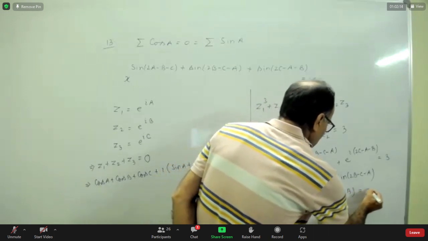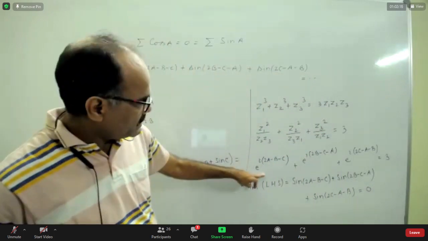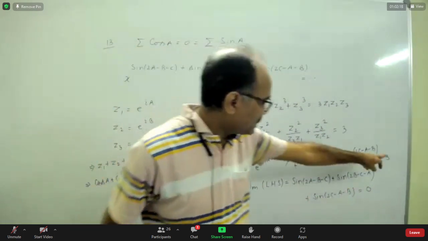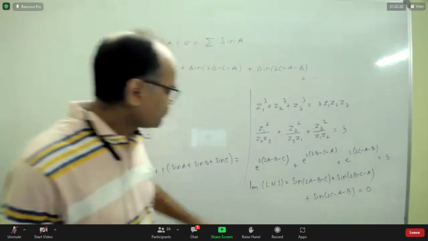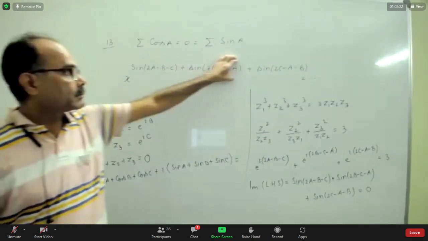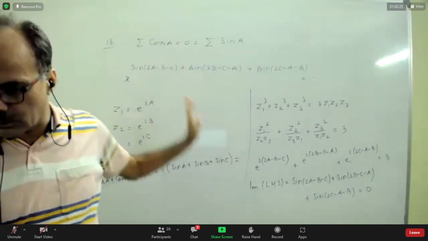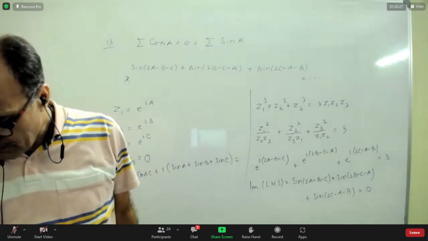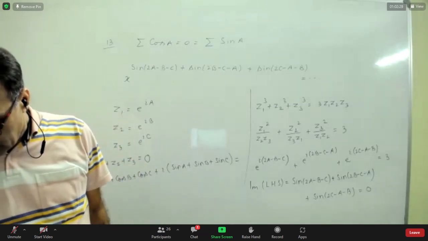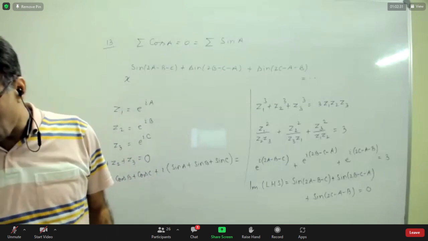This equals 0 because the right side imaginary part is 0. So this value is 0, and x to the power 0 is 1. The answer is 1.